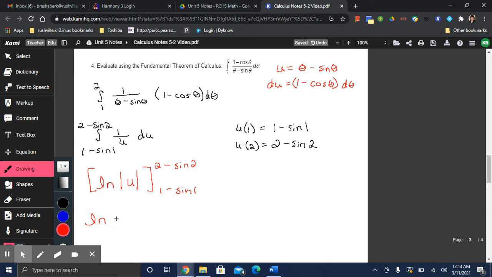That would be the natural log of the absolute value of 2 minus the sine of 2, minus the natural log of the absolute value of 1 minus the sine of 1. Make sure that your calculator is in radian mode, and you should find that this is approximately 1.929, rounding to the nearest thousandth. So there's an example using the fundamental theorem of calculus.